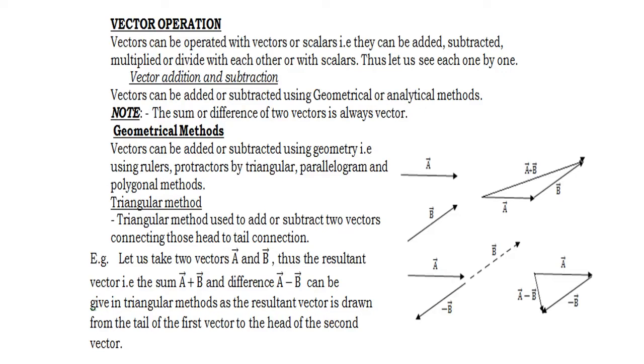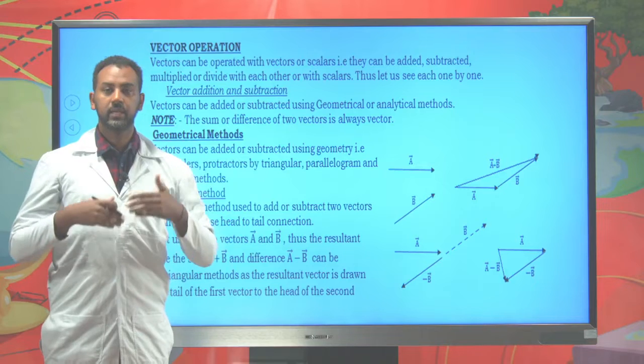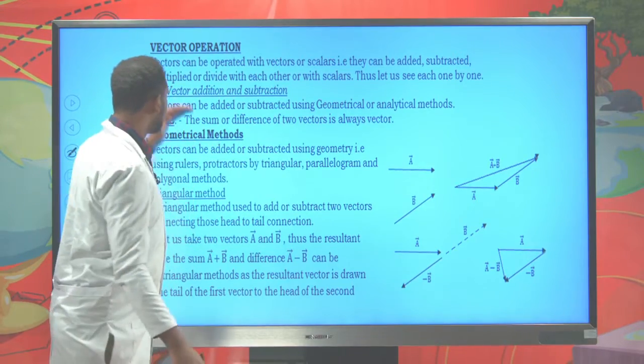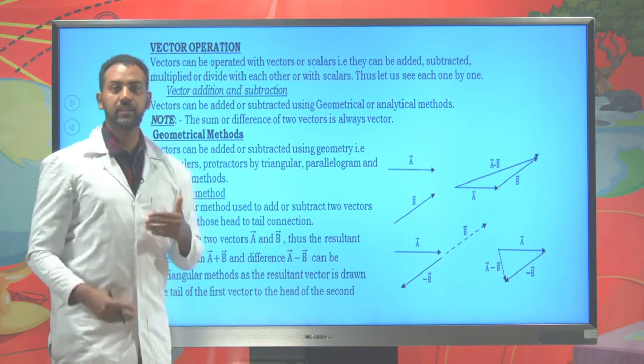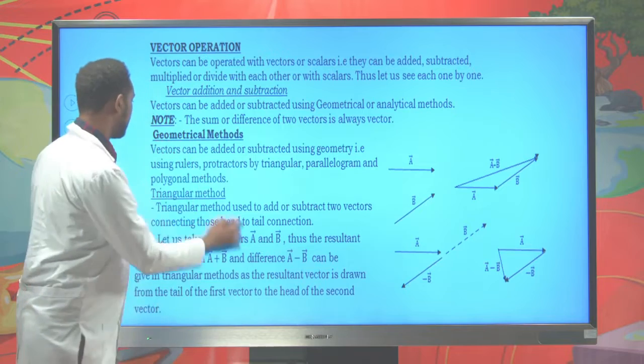Let's proceed. Now let's see vector operations. Vector operations mean how to add, subtract, and multiply vectors. It's possible to add, subtract, or multiply vectors using geometrical means and analytical means. First, let's see the geometrical means of vector adding and subtracting.